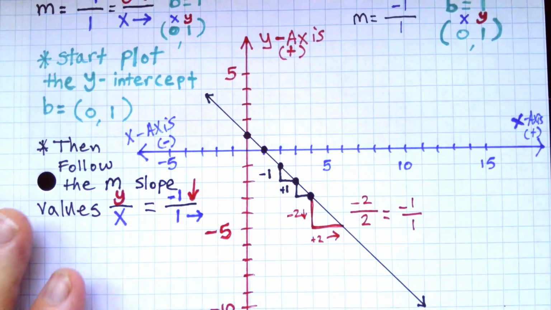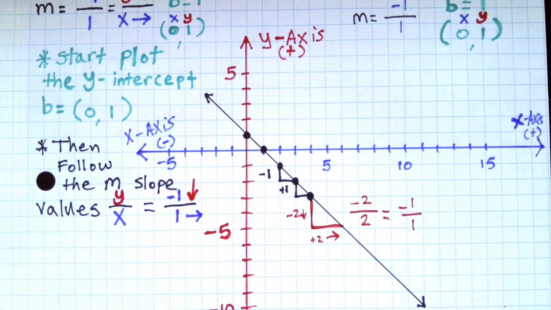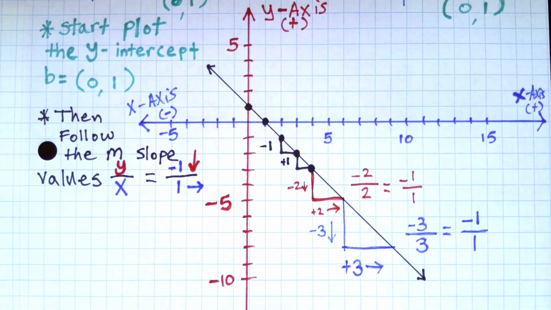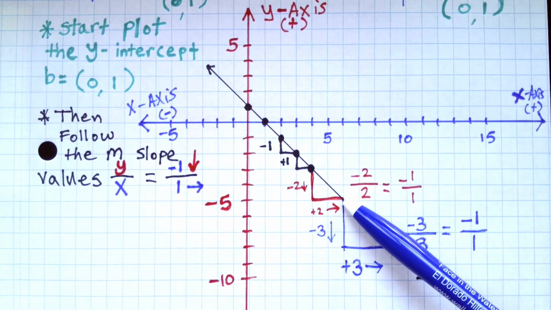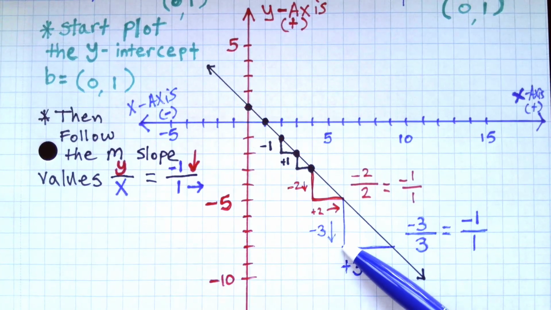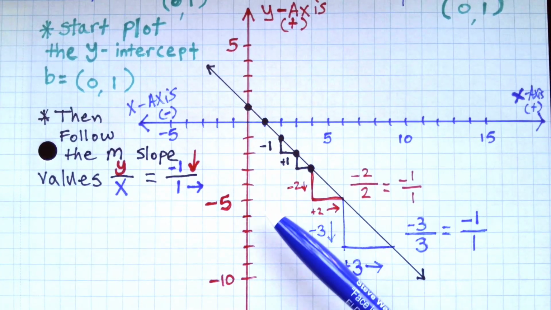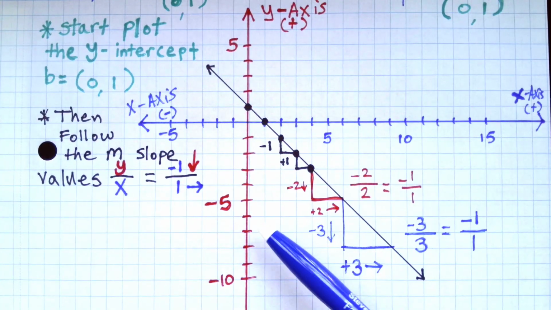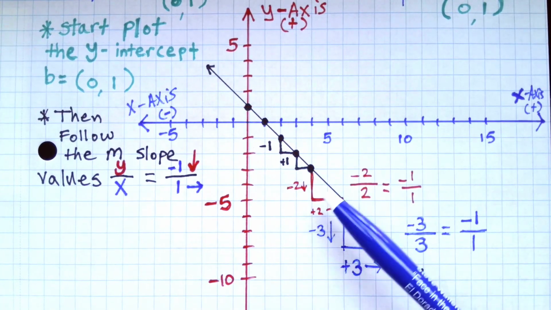I apologize for the shaking. We got a little bit of shaking happening here today. What if I took this ordered pair right here and dropped down -3, down to -6, -7 and -8? That's going down 3.